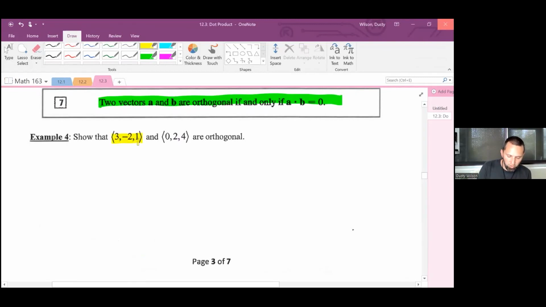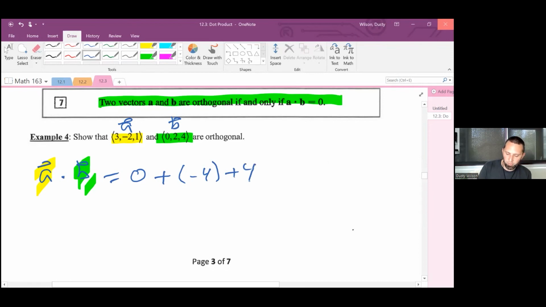If I want to show that vector A, the yellow one, and vector B, the green one, are orthogonal, I will find their dot product. So A dot B is equal to 3 times 0 or 0, plus negative 2 times 2, which is negative 4, plus 1 times 4, or 4, which is equal to 0.